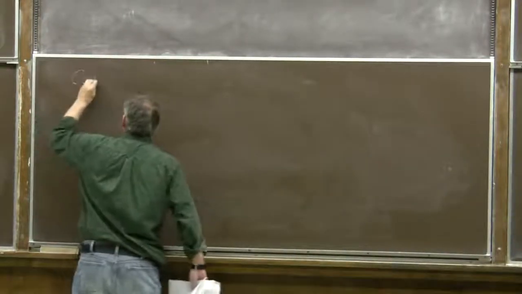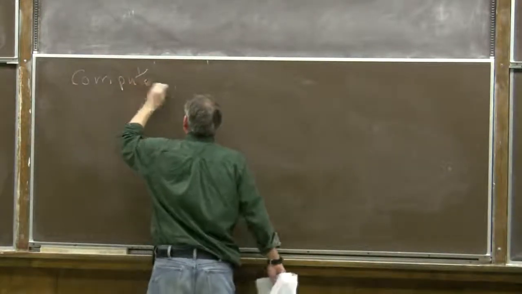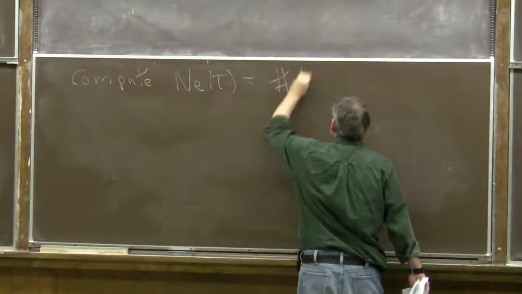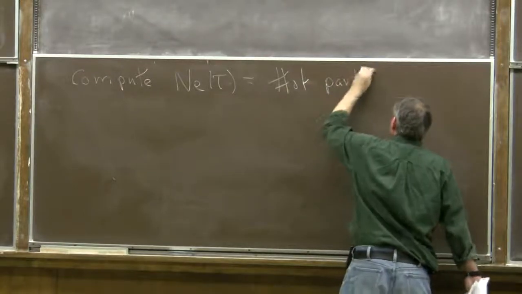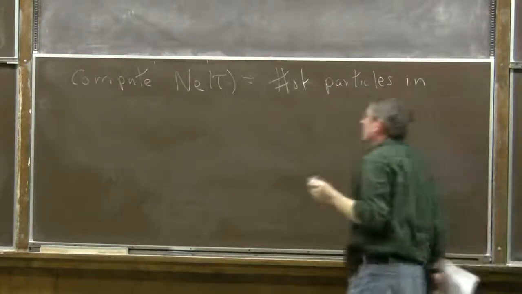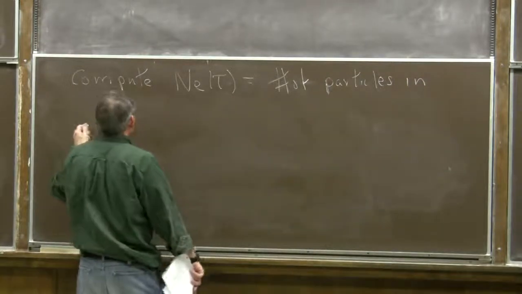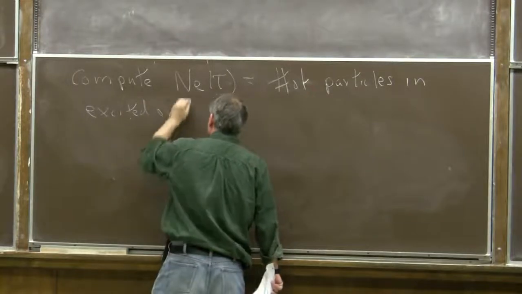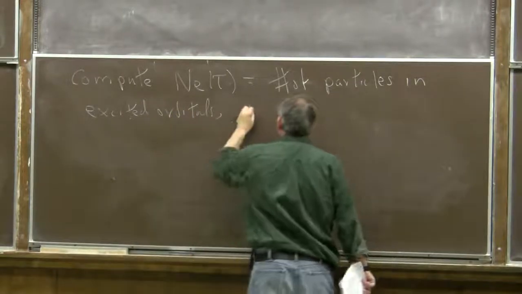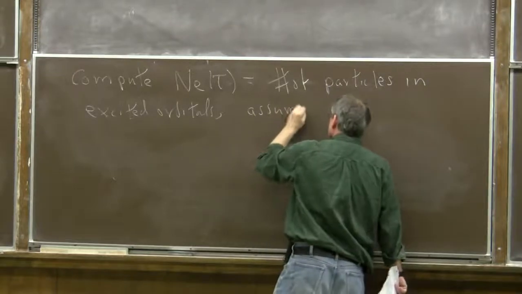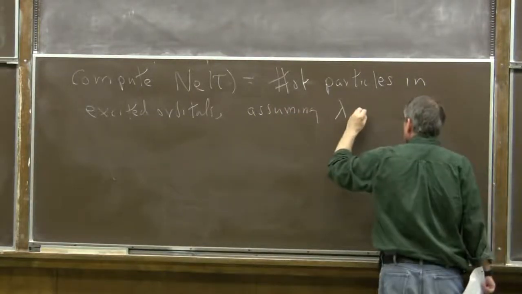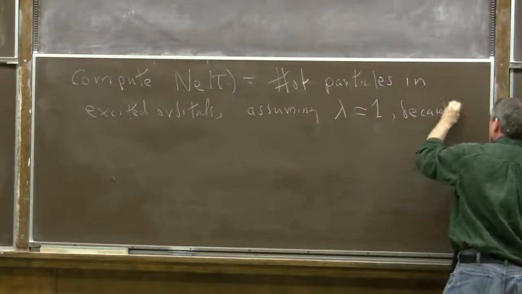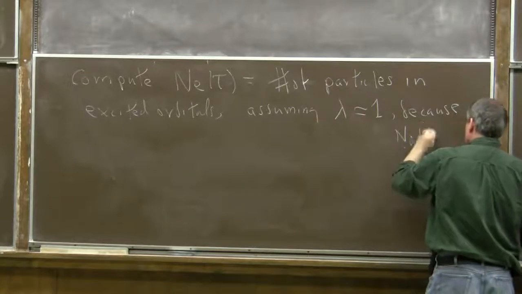So we'll compute the number of particles in excited orbitals, assuming the activity is essentially 1, because n0, tau is very large.